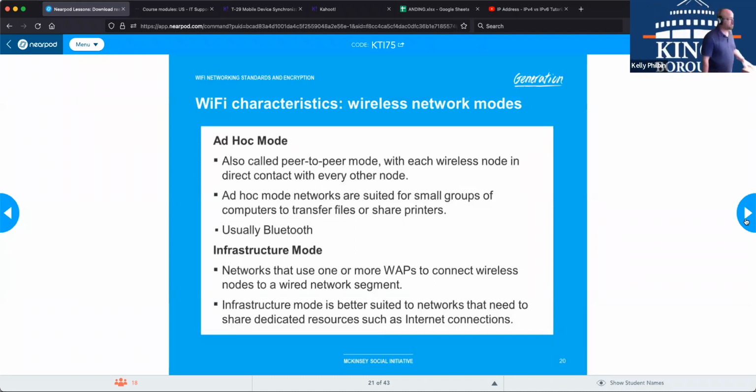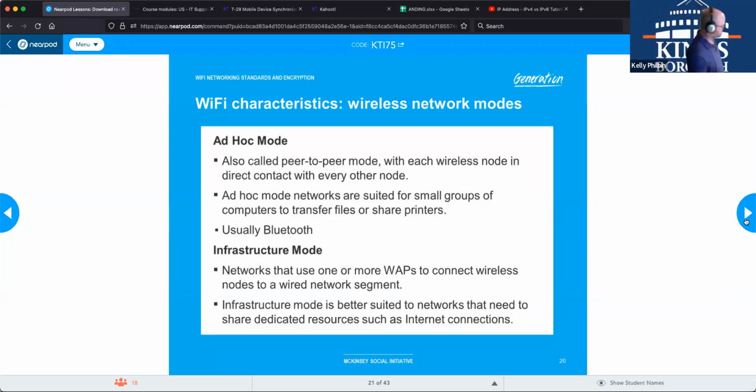It's great for small groups, transferring some files, printers, things like that. It's usually utilizing Bluetooth, which means the transfer speeds are a little lower, but for short bursts and small pieces of information, documents, and files, it's usually not that bad.